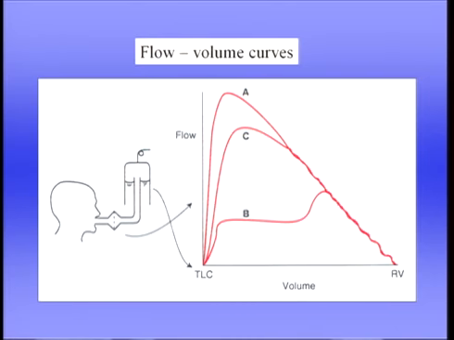One is that something is limiting flow rate in this region of the flow volume curve because we apparently can't get past it. And the second thing is that flow rate is relatively effort independent because no matter how hard you try, you can't exceed this flow for a given volume.